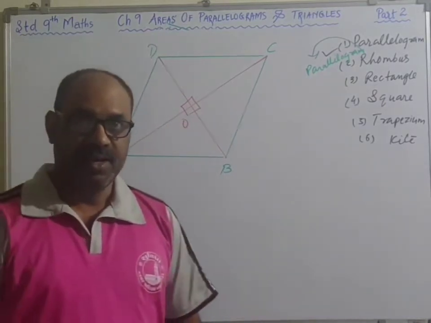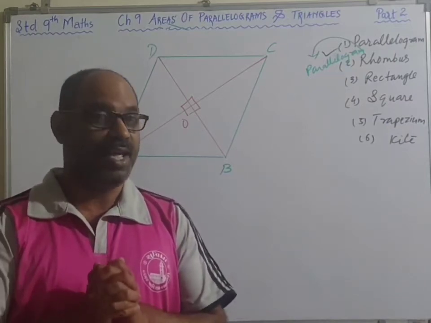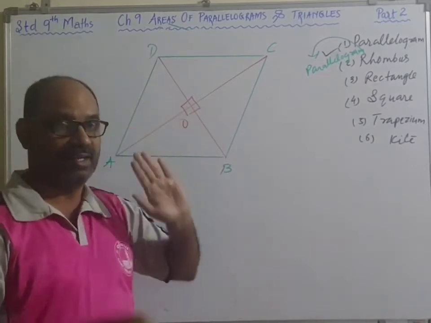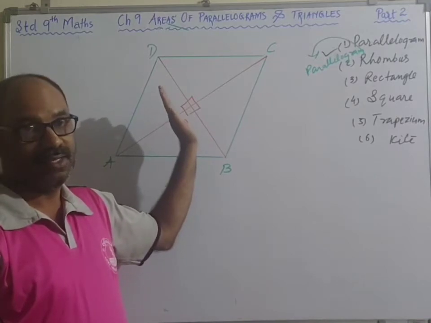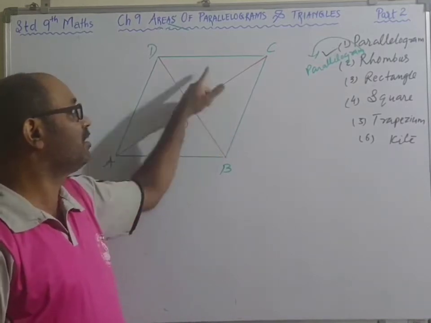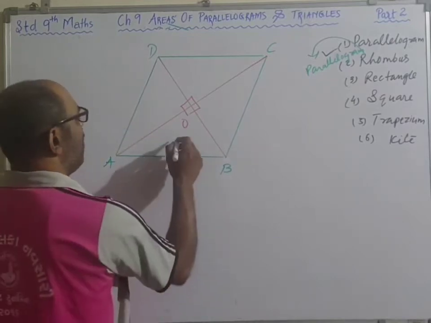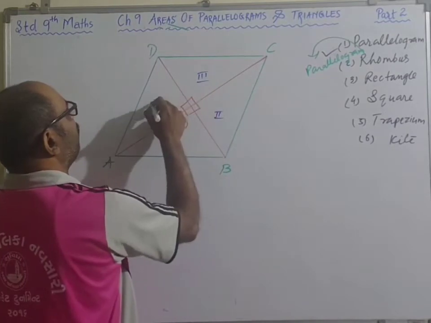Okay, children? My aim is to establish the formula to find the area of a rhombus. Now, by drawing two diagonals, I have not drawn altitudes here. By drawing two diagonals, a rhombus is divided into 4 parts. Correct? Part 1, part 2, part 3 and part 4.